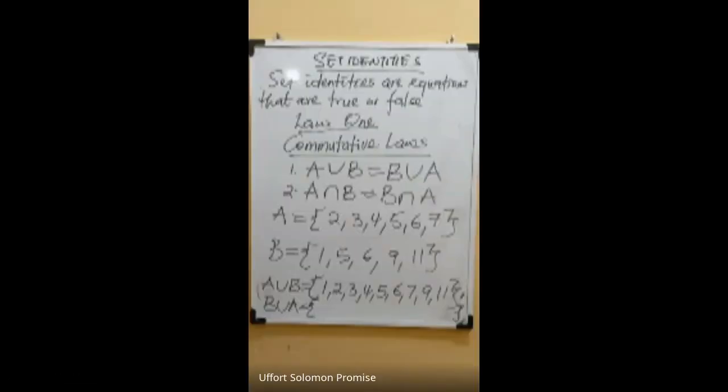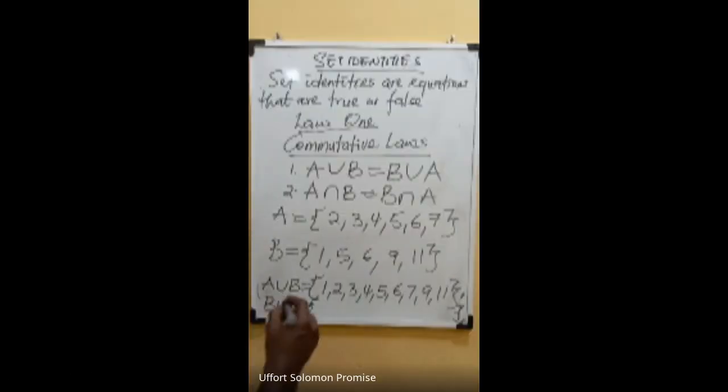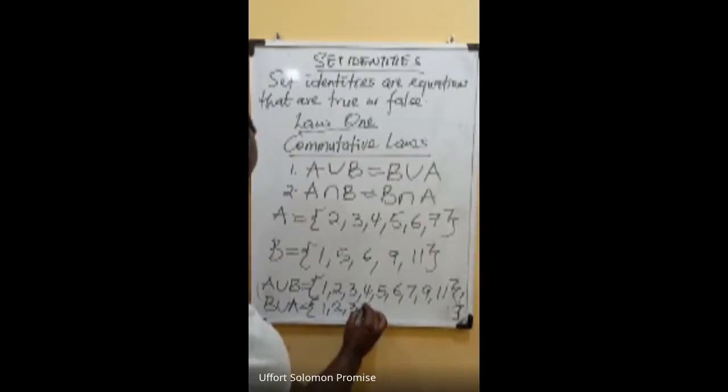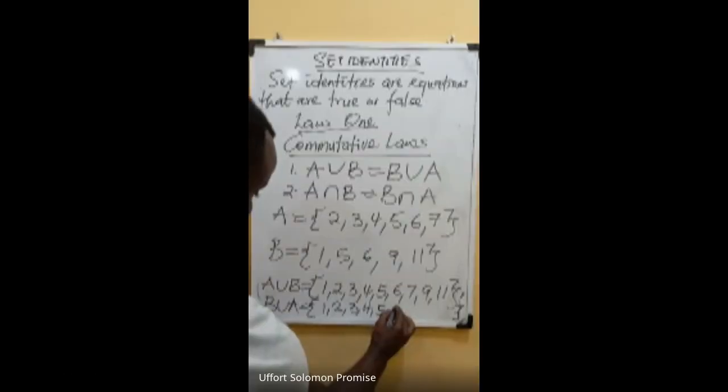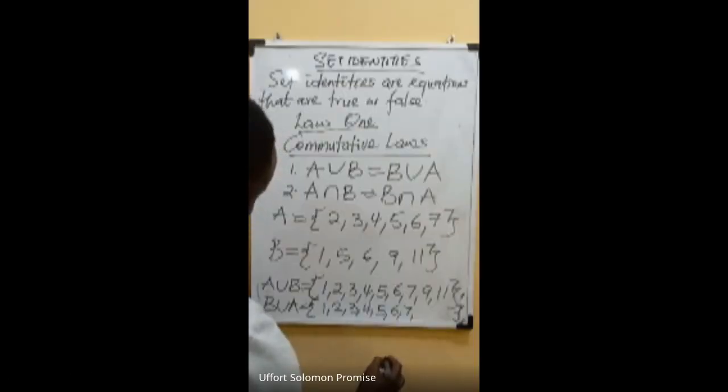B union A is going to be 1 first, followed by 2, 3, 4, 5, 6, 7, 9, 11.